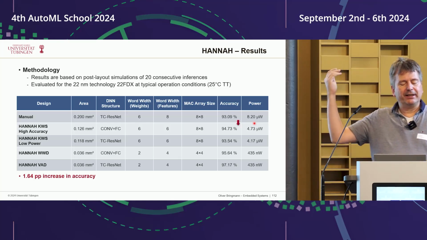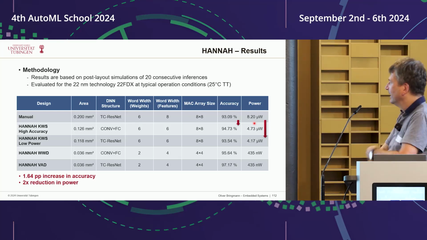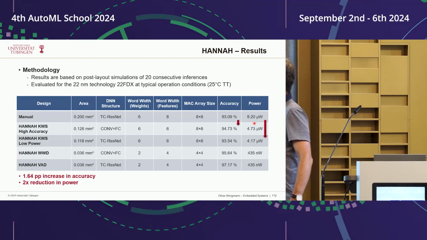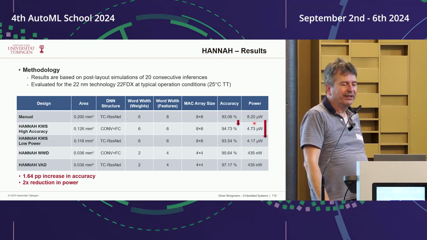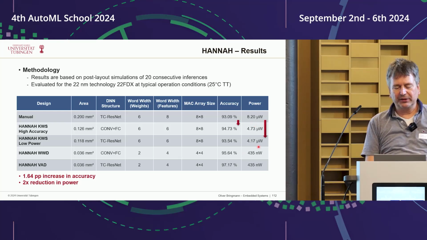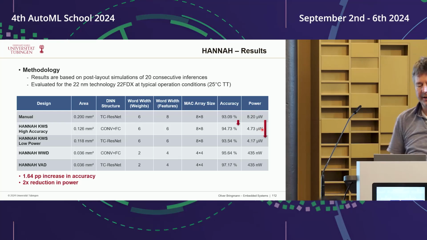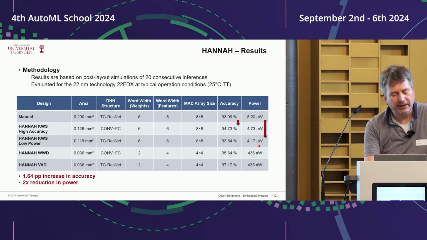If you apply that kind of architecture search or co-design together with the hardware, then you can halve the power consumption just by applying the automated tool. And you will see the accuracy stays more or less the same. But you can also increase the accuracy a little bit by a little higher power consumption.